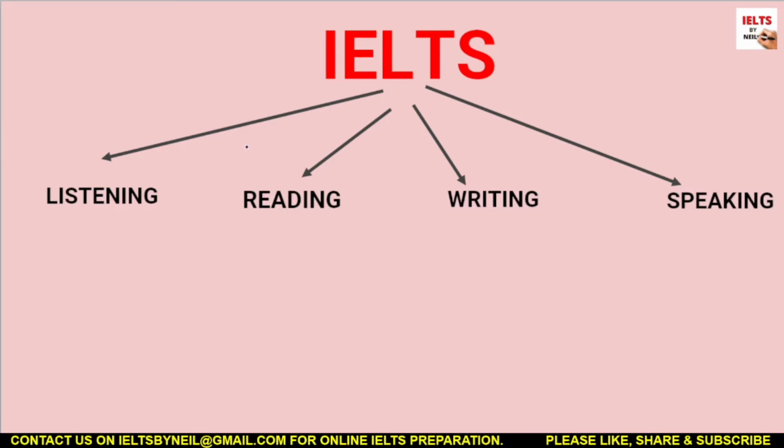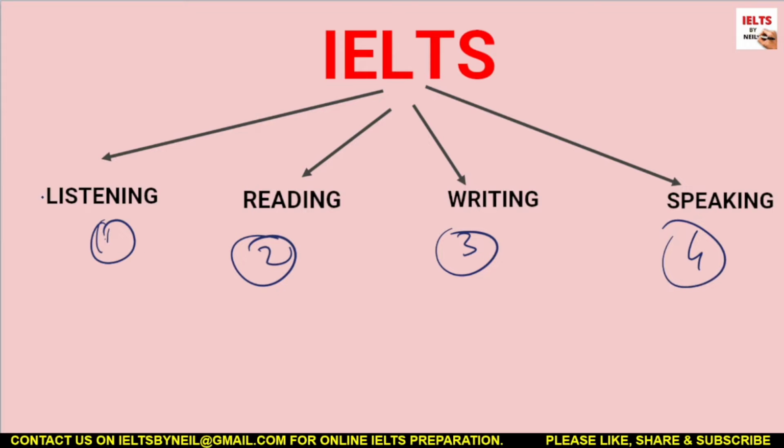So as you all know, IELTS has 4 sections. Number 1 is listening, number 2 is reading, number 3 is writing, and number 4 is speaking. When you go for the exam, listening takes around 40 minutes, and the next section is for 60 minutes, that's for reading. After this 40 and 60 minutes, you get the writing section.